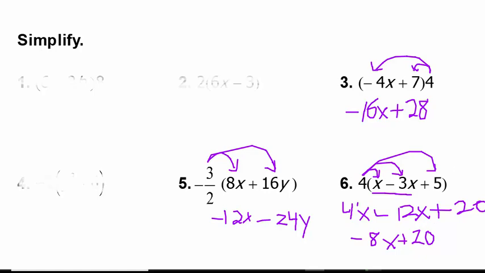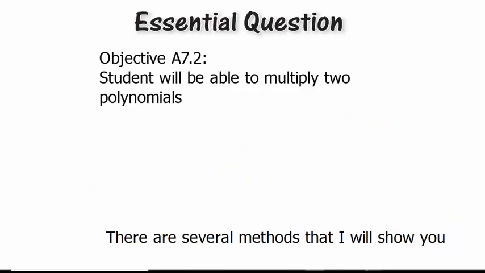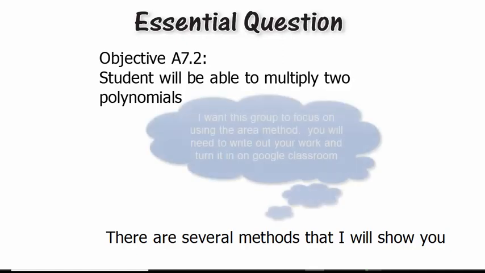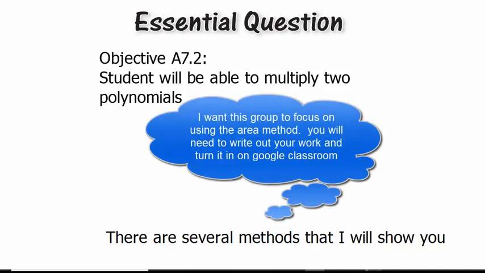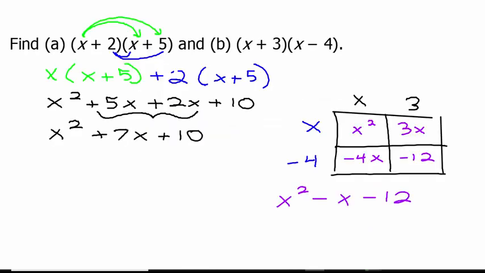So the next thing that we're going to be doing is multiplying 2 polynomials, and there are a couple different ways that I want to show you. We use both of them, we interchange them, it doesn't matter which one we use. The first method, we take the things that are in the first term and distribute them to everything in the second term.